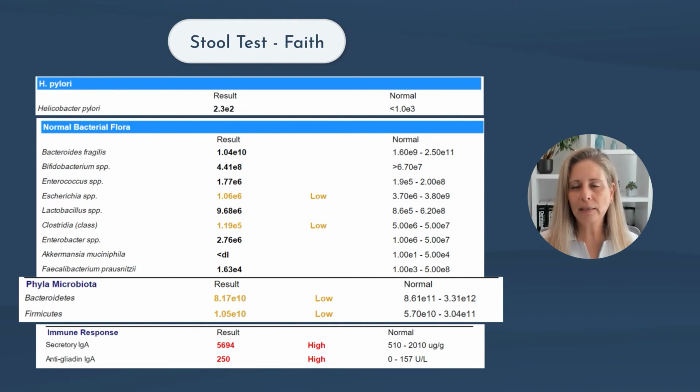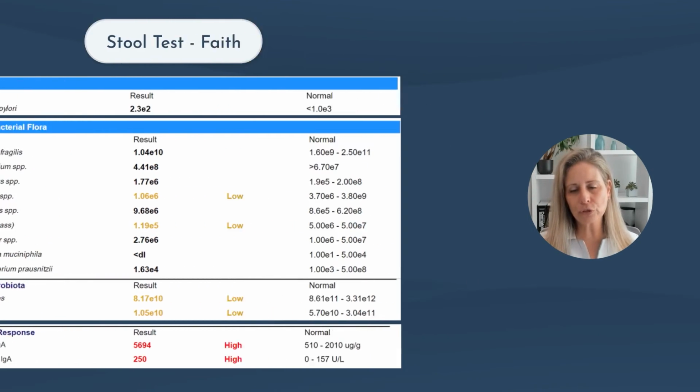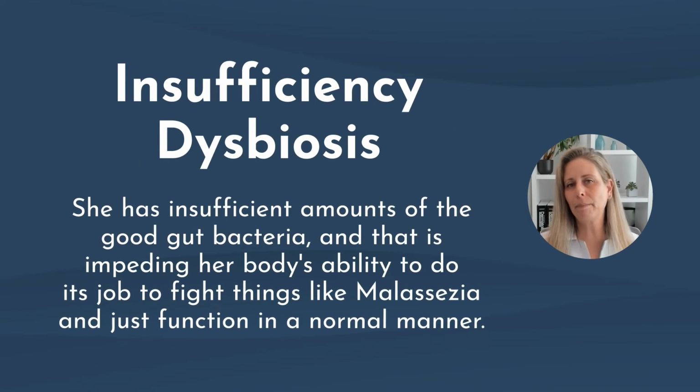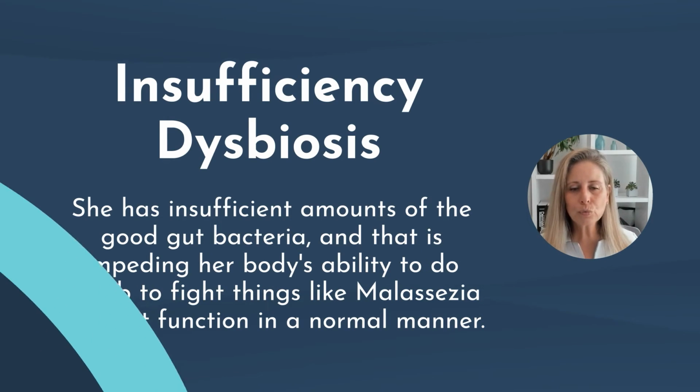Together, these 2 phyla are giving us a snapshot of about 85% of the good gut bacteria. And so overall, she's low, and this is problematic. This is what I refer to as insufficiency dysbiosis. She has insufficient amounts of the good gut bacteria, and that is impeding her body's ability to do its job to fight things like Malassezia and just function in a normal manner. So this is really significant.